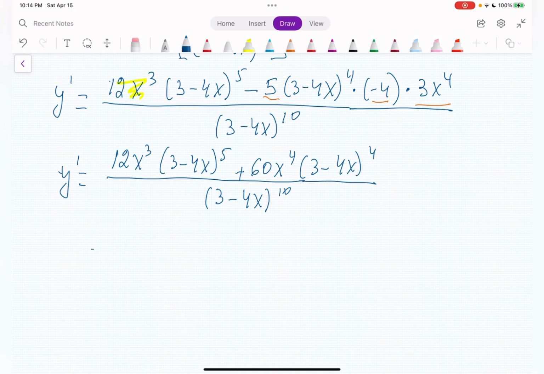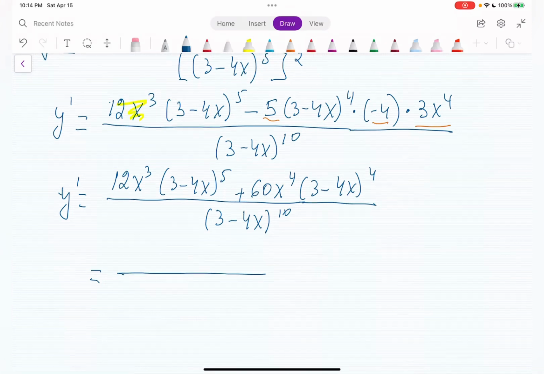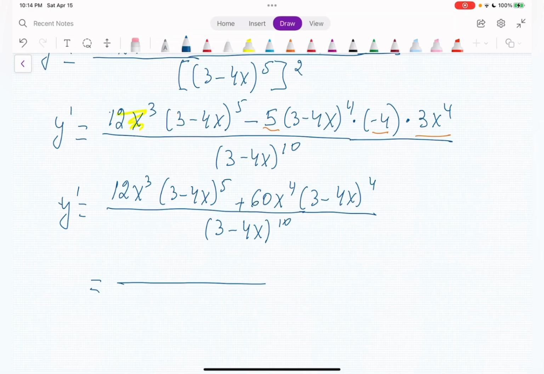So this is equal. Okay, is this plus 60x to 4? Yes. So what I'm going to do between 60x cubed and 12x cubed and 60x to 4, I can take out 12x cubed, right?